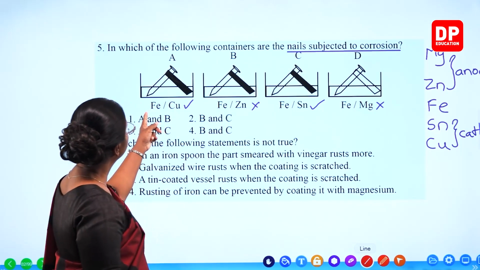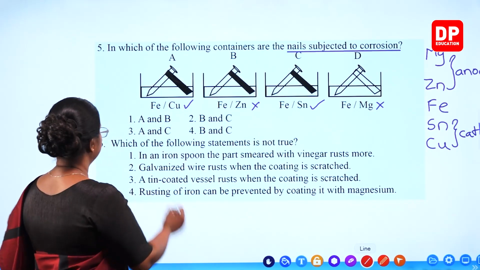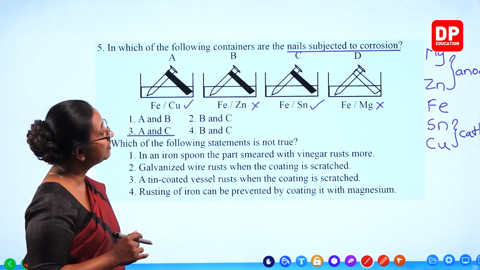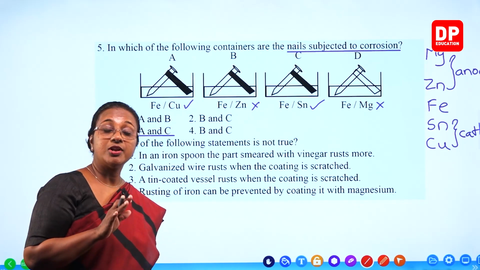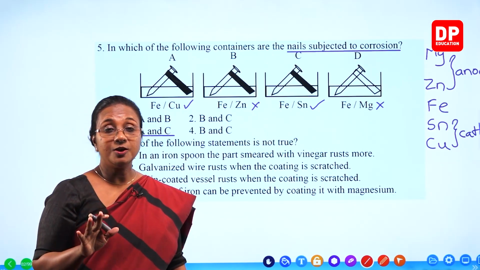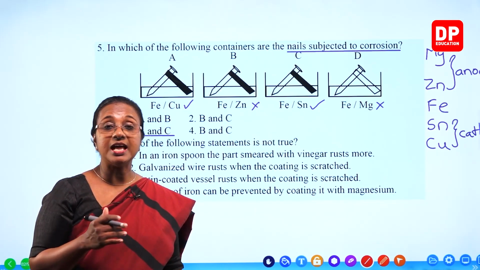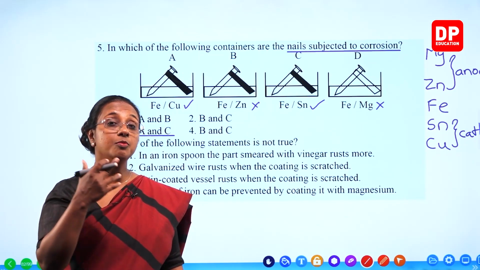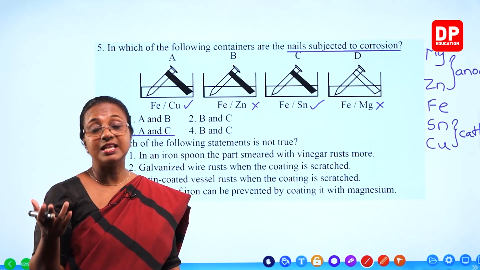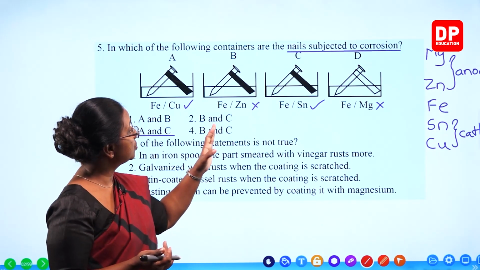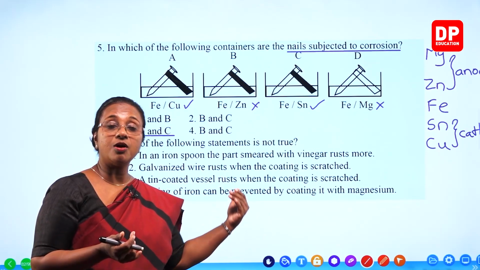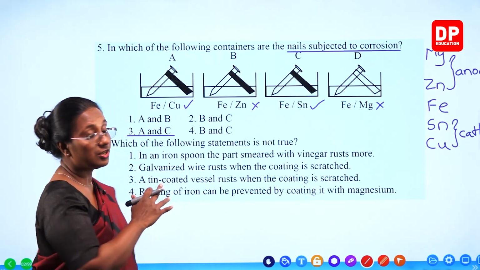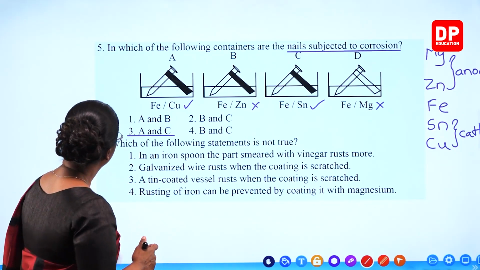So, it has to be both A and C. So, why do we use the word corrosion there? Now, you all can remember, students, rusting of iron is a type of corrosion. That is when iron undergoes reaction with both water and oxygen in the atmosphere. But here, of course, it is corrosion because it's the oxidation and reduction reactions only. So, that is why we can use the term corrosion as well.